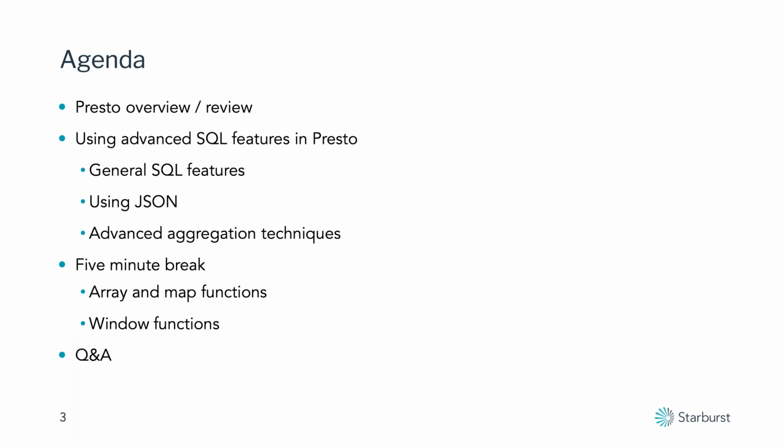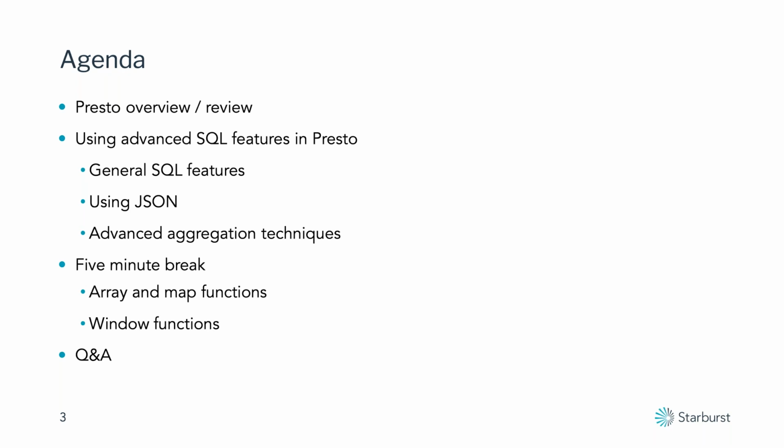So today I'm going to give a quick review of Presto. Hopefully most of you already know what Presto is. And then David is going to dive into general SQL features using JSON format data and how to work with that, since it's pretty prevalent in a lot of storage backends that Presto supports.